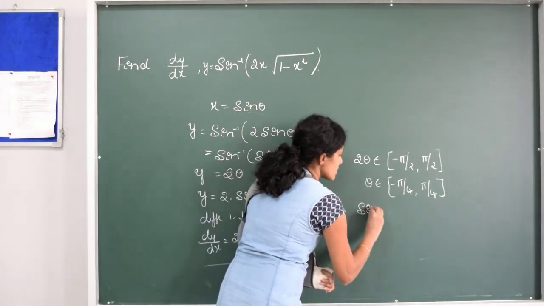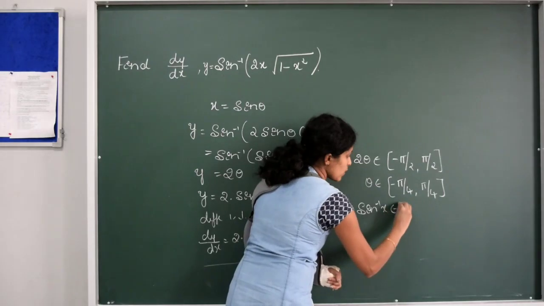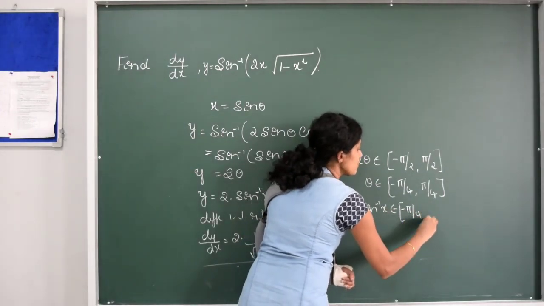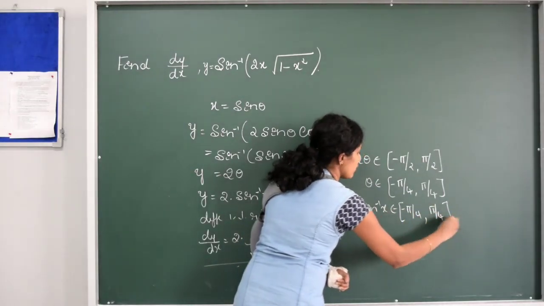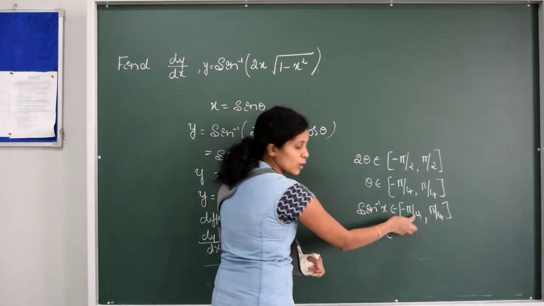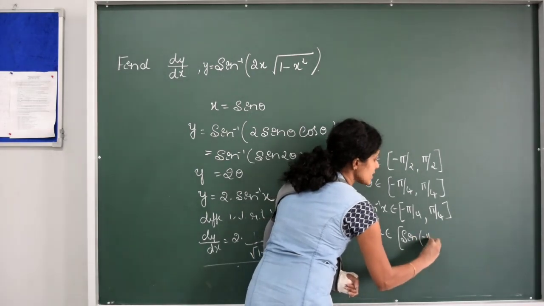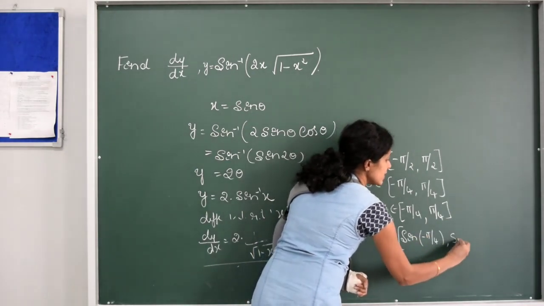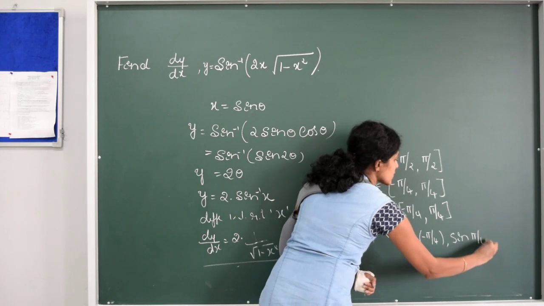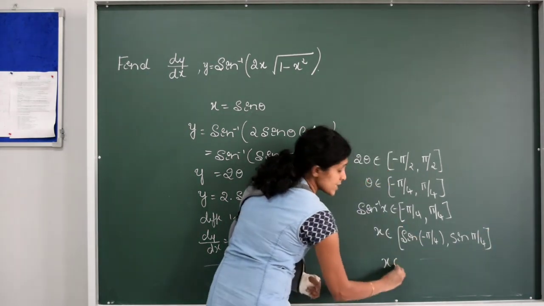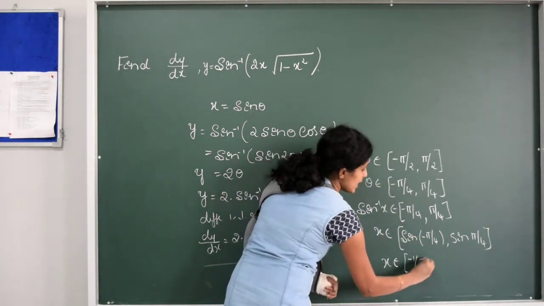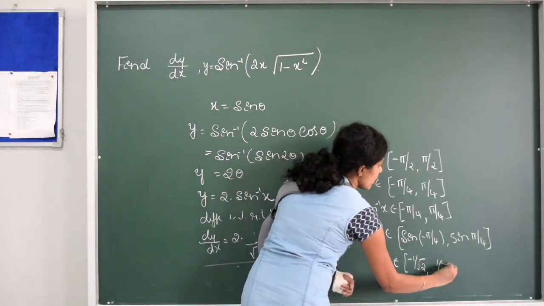So sin inverse x belongs to minus pi by 4 to pi by 4. So the value of x belongs to sin of minus pi by 4 comma sin pi by 4. Sin of minus pi by 4 will be minus 1 by root 2 and sin pi by 4 will be 1 by root 2.